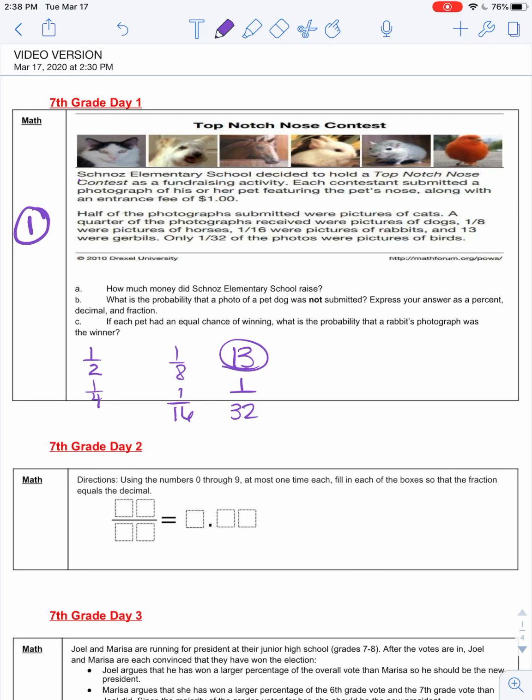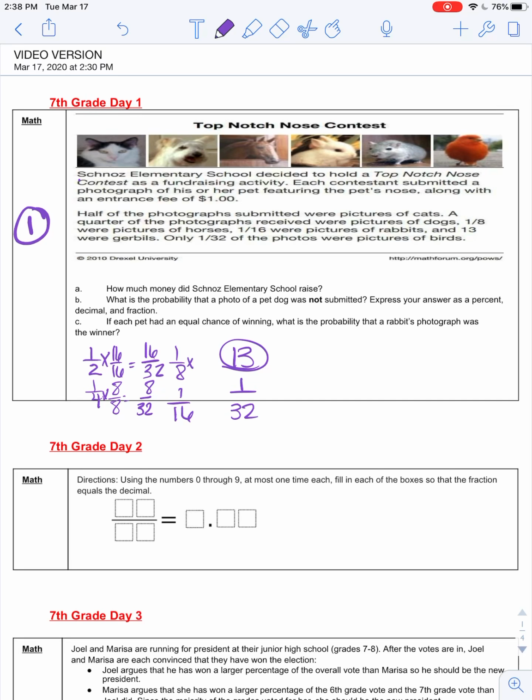So first we gotta start by figuring out how many pictures were submitted all together, right? So that we can multiply that by $1 per photo. So if you look at this, we're going to put these all over 32. So like this one I'd have to multiply by 16 over 16. This one I would have to multiply by 8 over 8 to get it to 32.